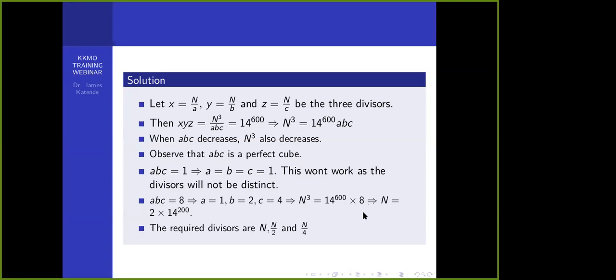And we can confirm that the three different divisors will be n over 1, n over 2, and n over 4. And that concludes it: the answer we were looking for is 2 multiplied by 14 raised to 200.